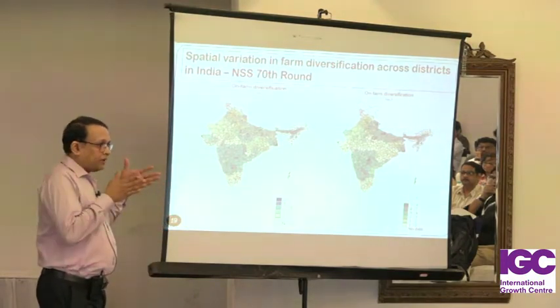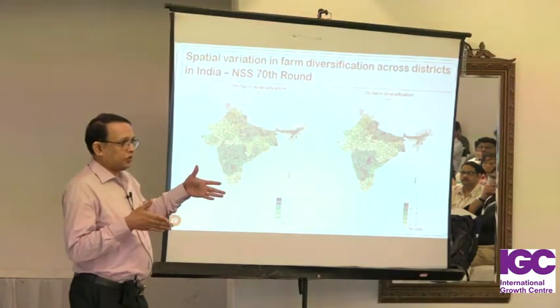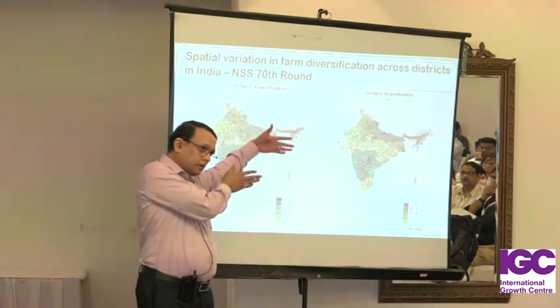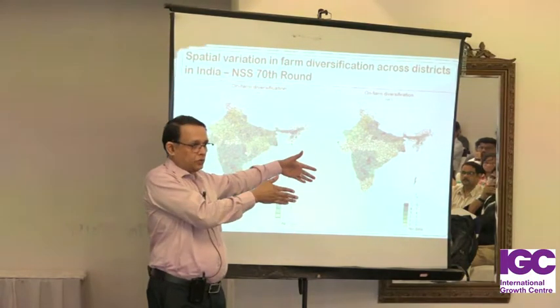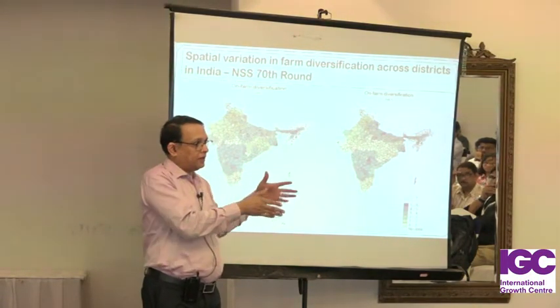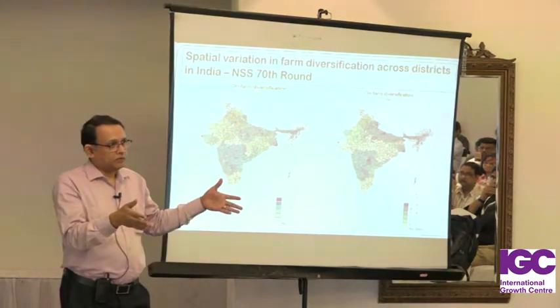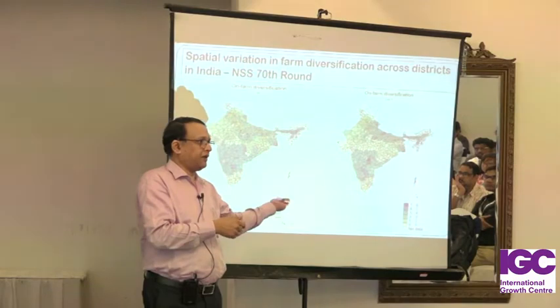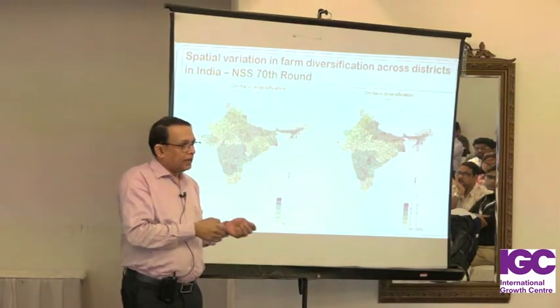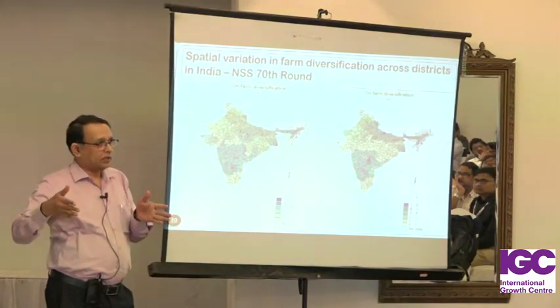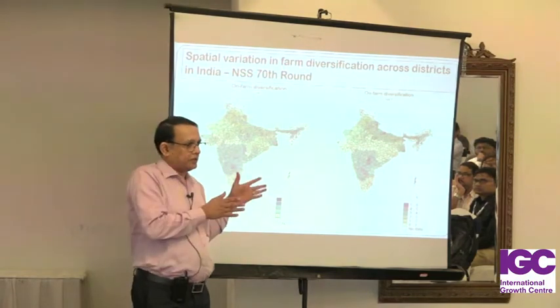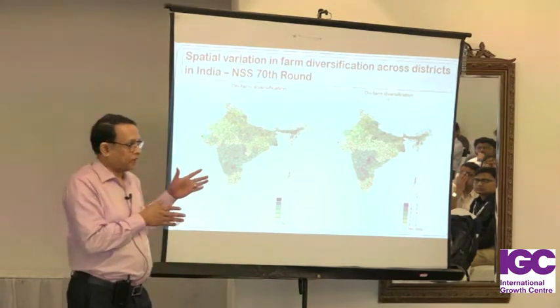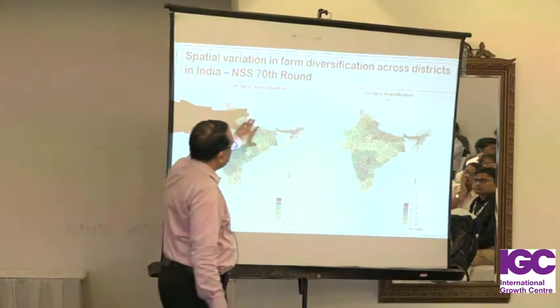Between January and June, they collect the data for the previous July to December, that is, the previous Kharif. And then between July and December, they collect information for the previous Rabi. So that is visit 1 and this is visit 2.